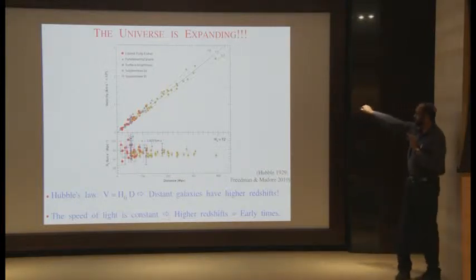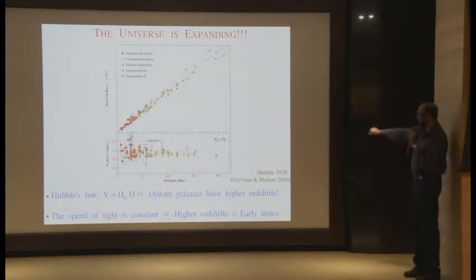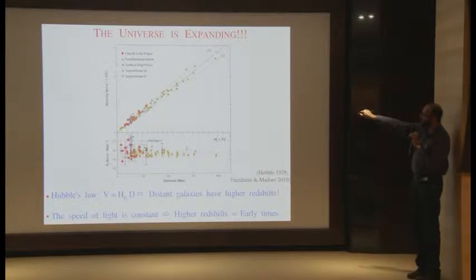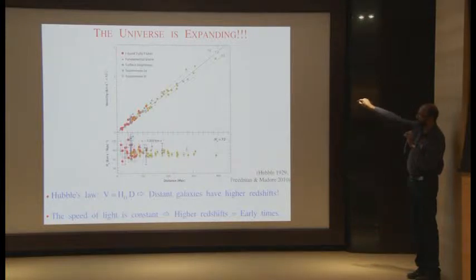So that's a plot from a much more recent work from Wendy Freedman and Barry Madore, which shows velocity plotted versus distance. And you can see that all of these points have positive velocities. Each one over here is 10,000 kilometers per second, 2 is 20,000, 3 is 30,000.